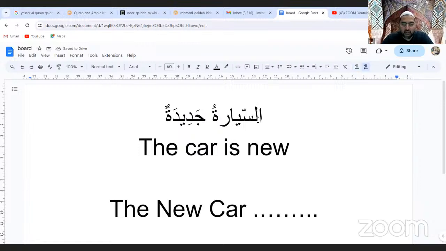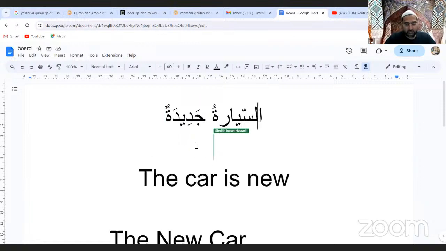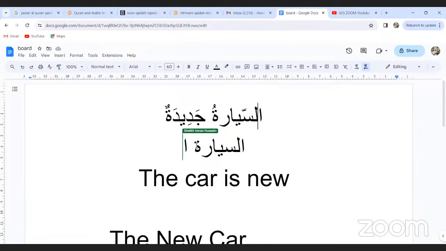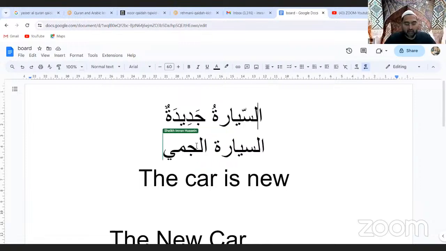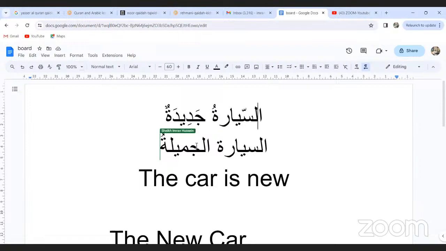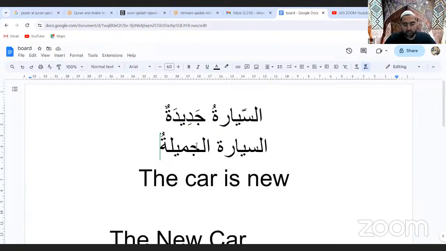Let me just do it on my phone. Give me 1 second. The new car is the noun, right, sir? With the adjective? Yes, it's a noun, or mubtada, but no longer mubtada anymore.